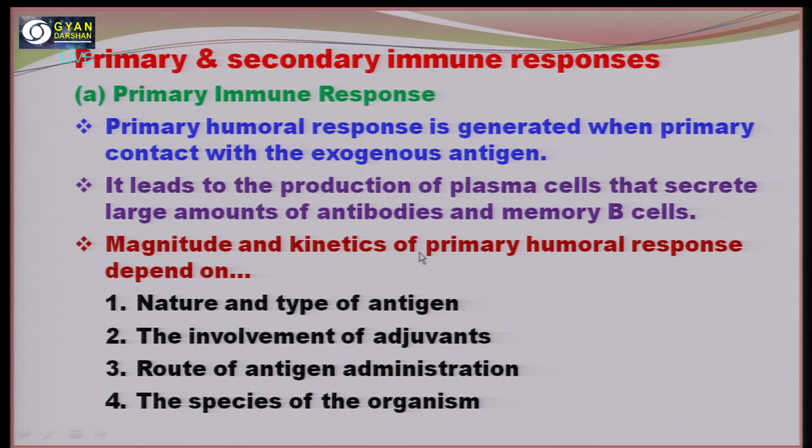The magnitude and kinetics of the primary humoral response depend on the nature and type of the antigen, meaning the type of your pathogen. It also depends on the involvement of an adjuvant, whether there is any adjuvant with your antigen or not.